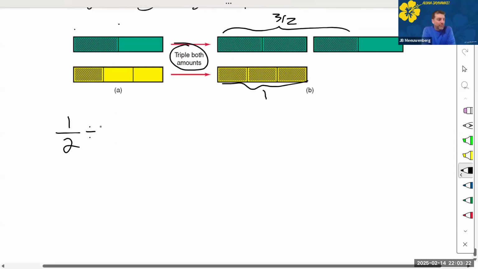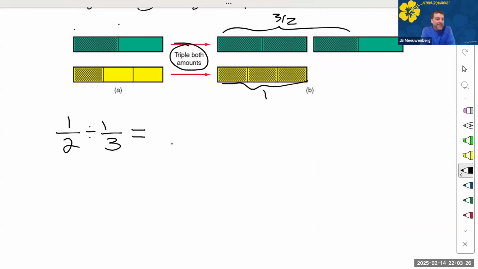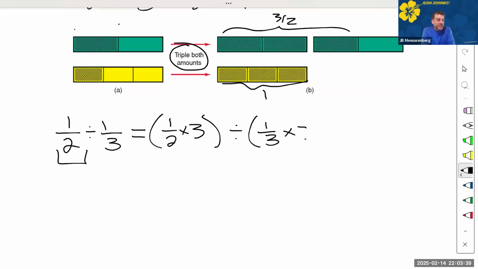Here was the original problem, 1/2 divided by 1/3. And what I did was I took 1/2, multiplied it by 3, and then we are dividing that by 1/3 times 3. So 1/2 times 3 divided by 1/3 times 3. What happens here?